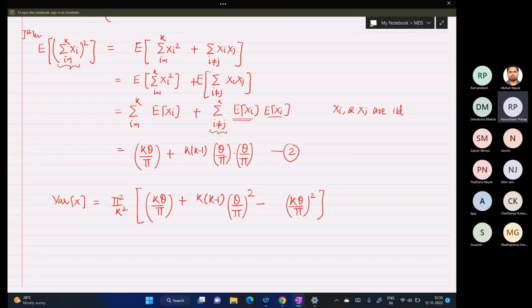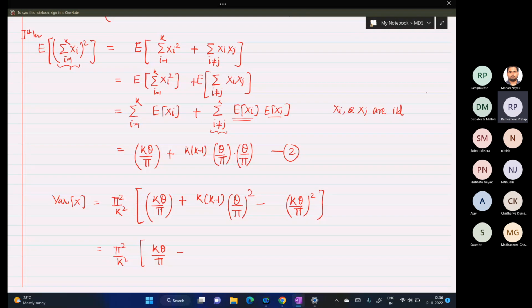Okay, so is this part clear? So now after doing some calculation, basically just expanding this term, we are left with k theta by pi minus, so basically this consists of two terms, k square theta by pi whole square minus k theta square by pi square.